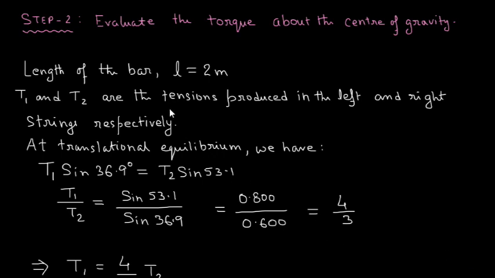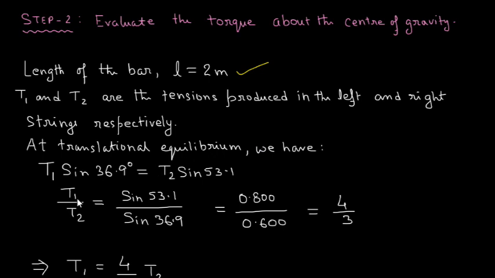So how can we do that? We'll write all the information which is given in the problem. Length of the bar L is equal to 2 meter. T1 and T2 are the tensions produced in the left and right string respectively. At translational equilibrium, we have T1 sin 36.9 degrees is equal to T2 sin 53.1 degrees.